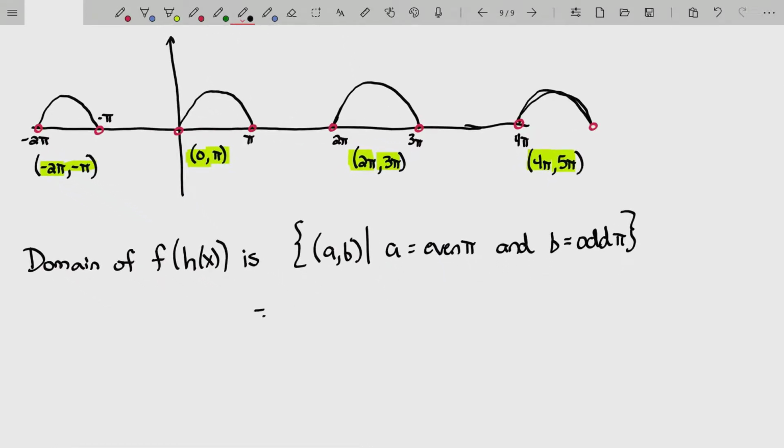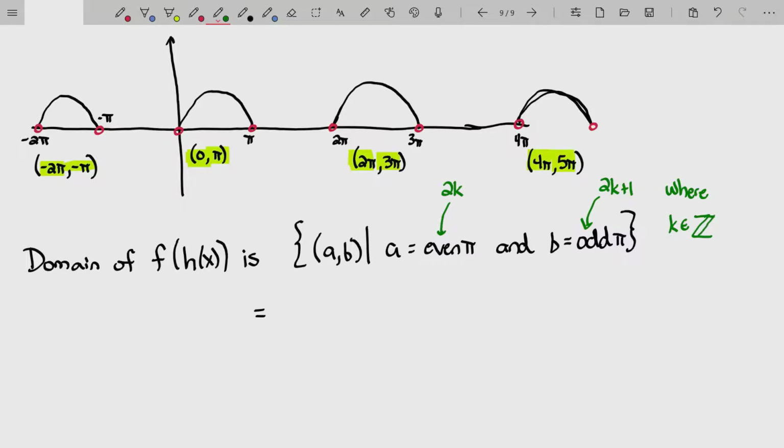But you can kind of clean that up by remembering something about even numbers. An even number is just twice an integer. And an odd number is just twice an integer plus 1. And again, that's where k is an element of the set of integers.